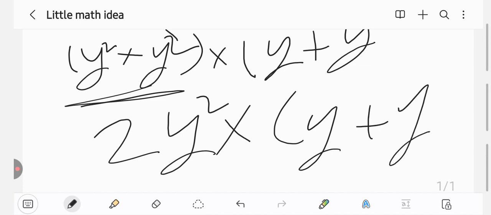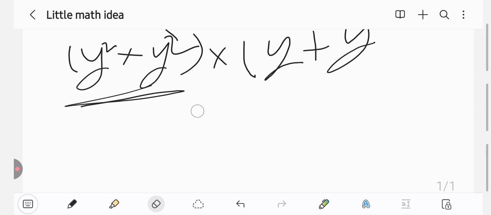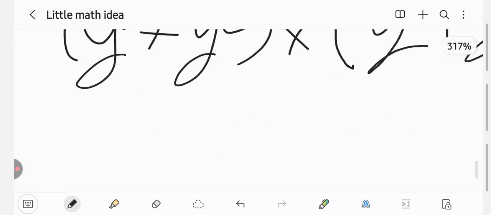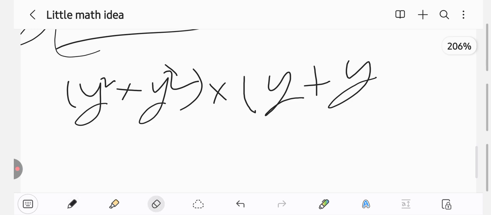So you may ask, why did you simplify it here, not after distributing? I simplified here, first of all, to make it easy. Okay, let's do it in their non-simplified form. So let's do it here.